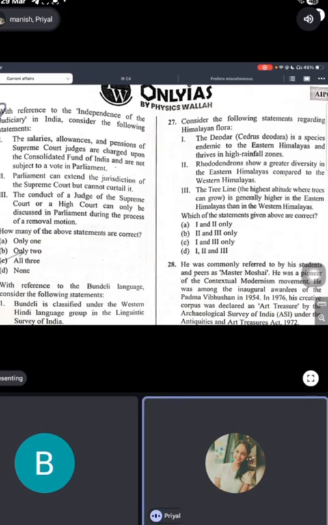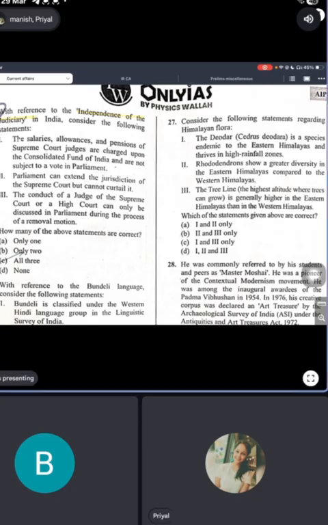Read. With reference to the independence of judiciary in India, consider the following statements. Salaries, allowances, and pensions of Supreme Court judges are charged upon the Consolidated Fund of India and are not subject to vote in Parliament. Yes, because see, guys, India has separation of powers.